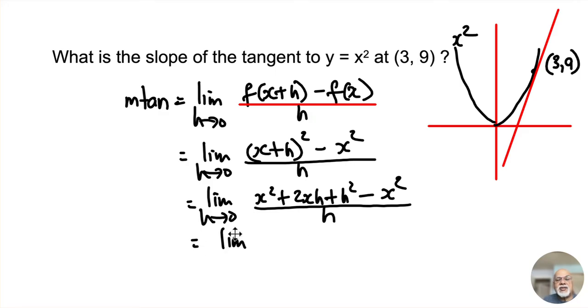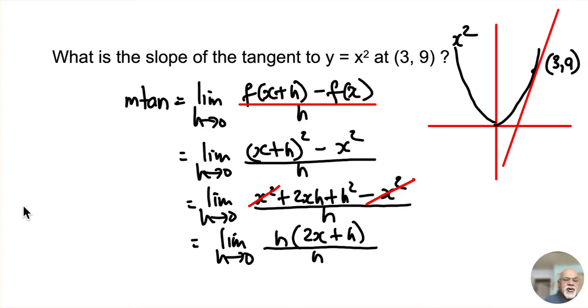Then this x squared and that x squared cancel, and I can factor out h to get 2x plus h, all over h.